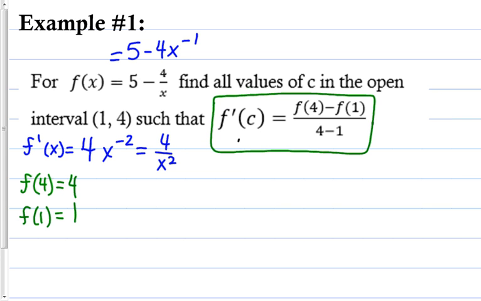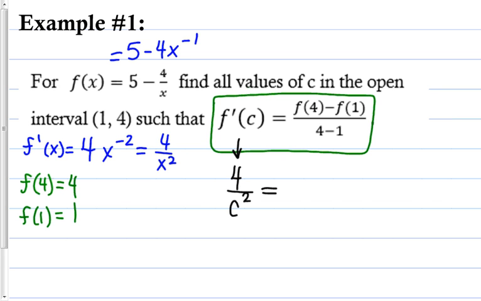All right, so for this, I'm going to take the derivative. And instead of using x, I'm going to use c, because I'm looking for c. No big deal. If you leave it as x, it's not a big deal. Okay, so 4 over c squared. All right, that's my derivative.